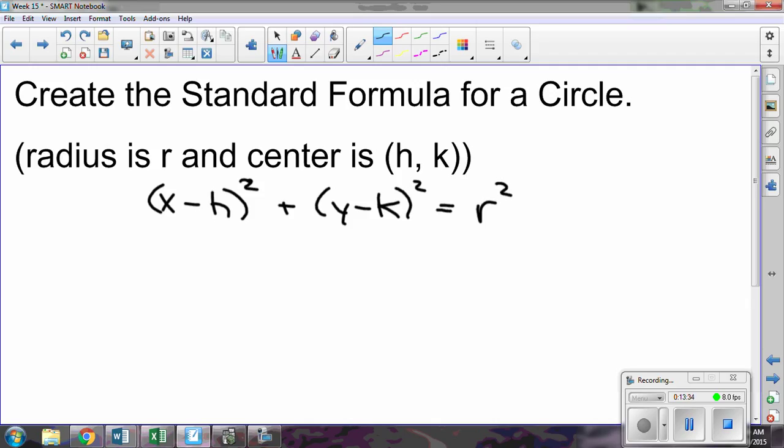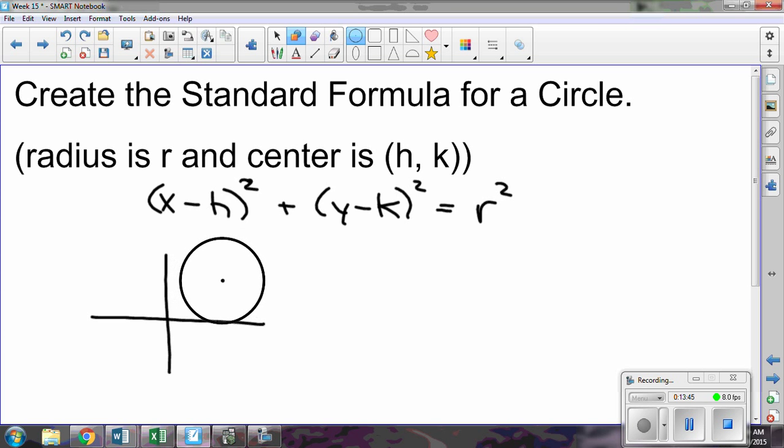Because if we are looking at the distance formula for a circle, we could take a center and draw the circle. And what we would, of course, observe is, if we wanted the distance between the center and any point on the circle, we would once again create a right triangle.